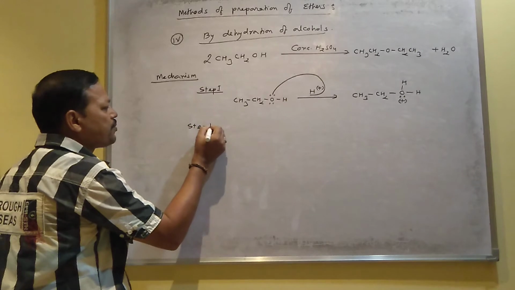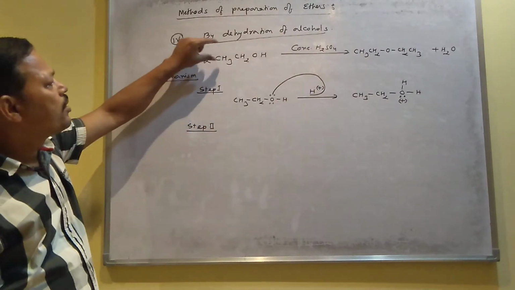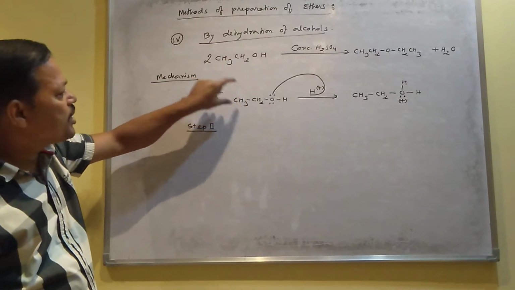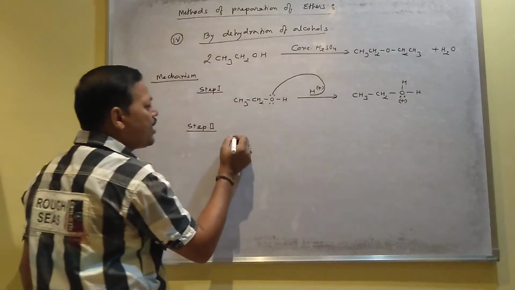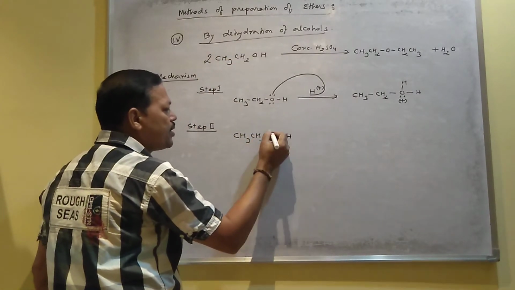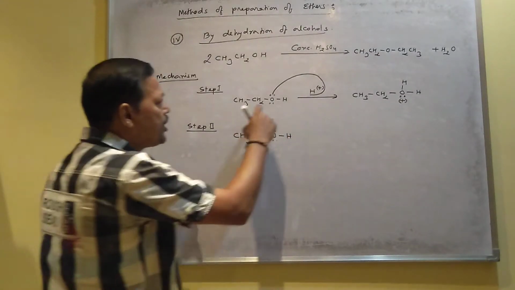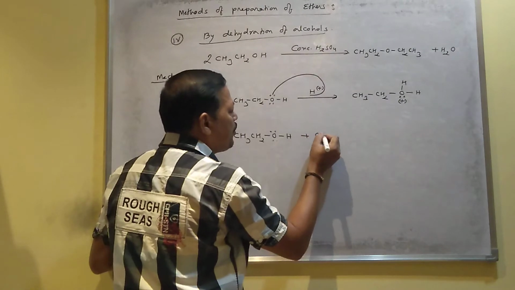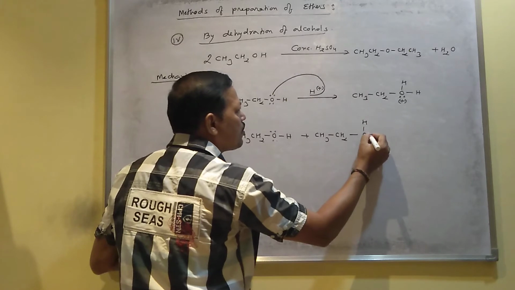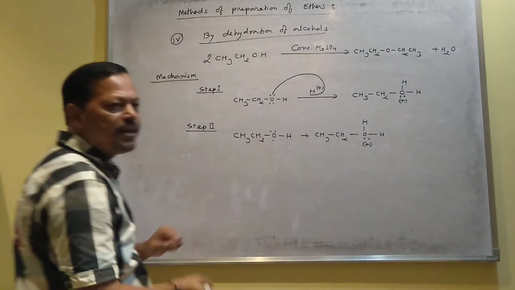Now in step 2, since we have considered two alcohols here, one alcohol we used in the first step, the second alcohol will react in the second step. This is your second alcohol, and it will react with the first alcohol, the protonated alcohol. How will they react?